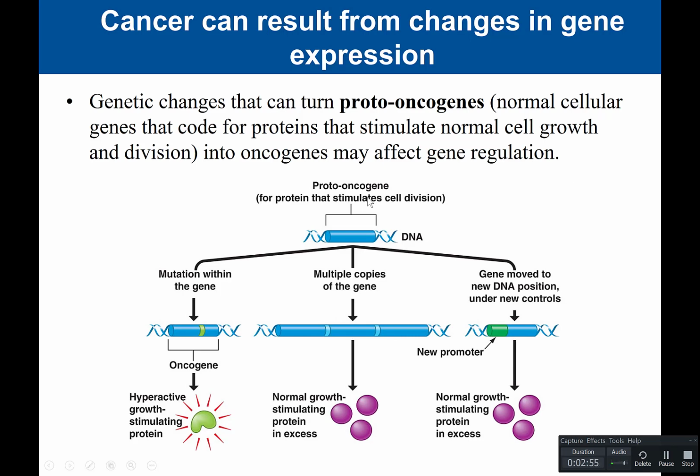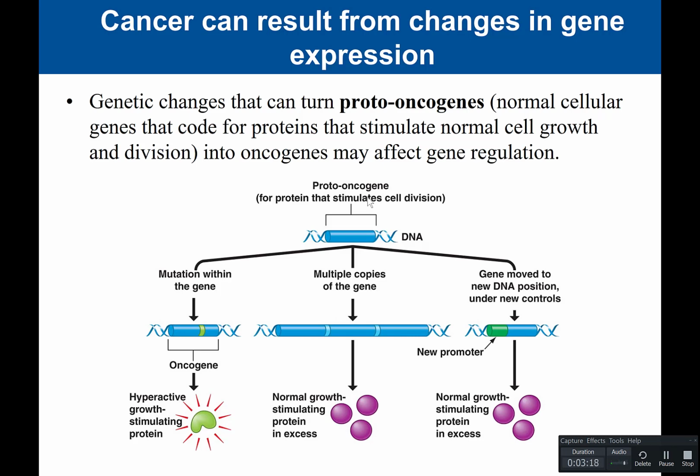Proto-oncogenes are basically normal cellular genes that code for proteins that stimulate normal cell growth and division. So these proto-oncogenes will tell the cell to divide. However, those proto-oncogenes are regulated. They are controlled as far as when they are on or when they are off.